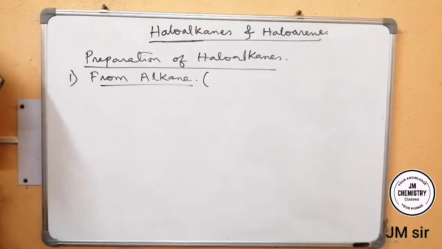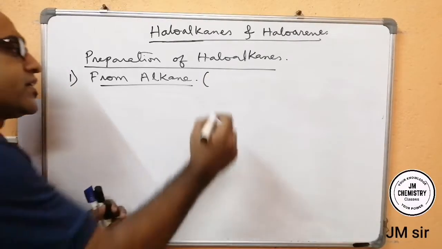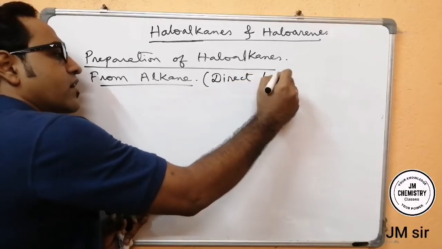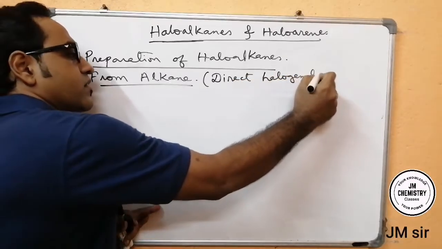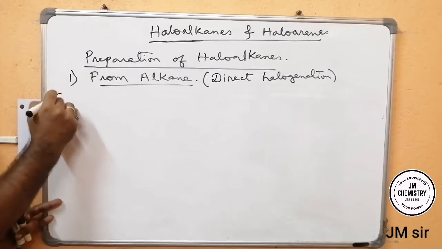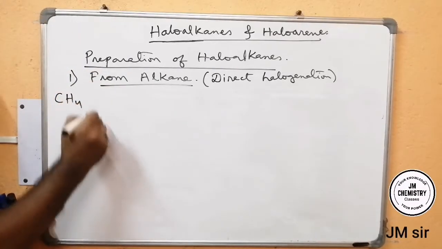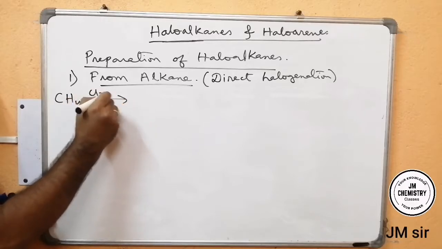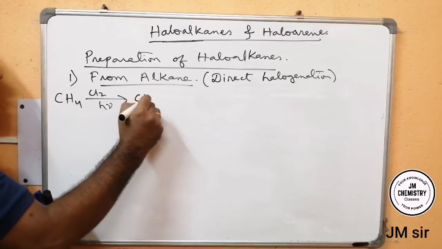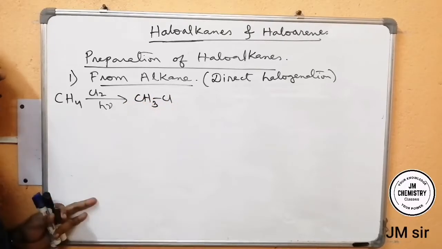This preparation we have learned in class 10, that is direct halogenation. So what actually happened here? We know when methane is treated with chlorine in presence of sunlight or hν, it is converted into CH3Cl.